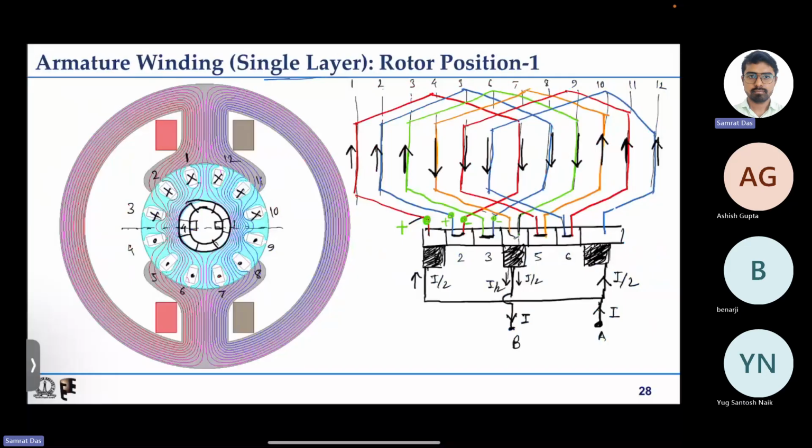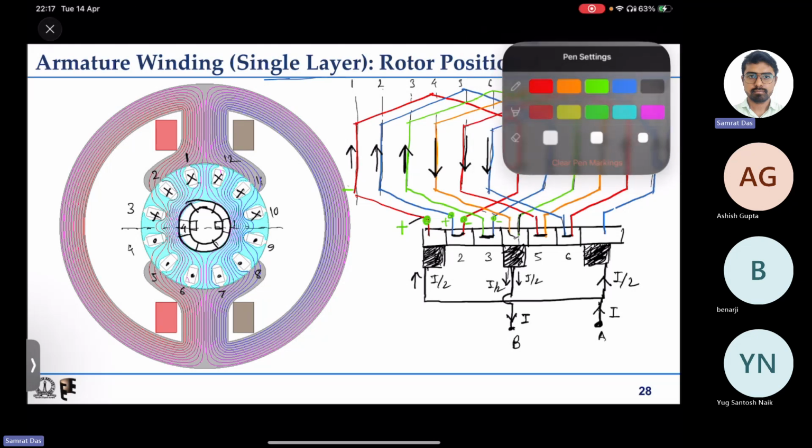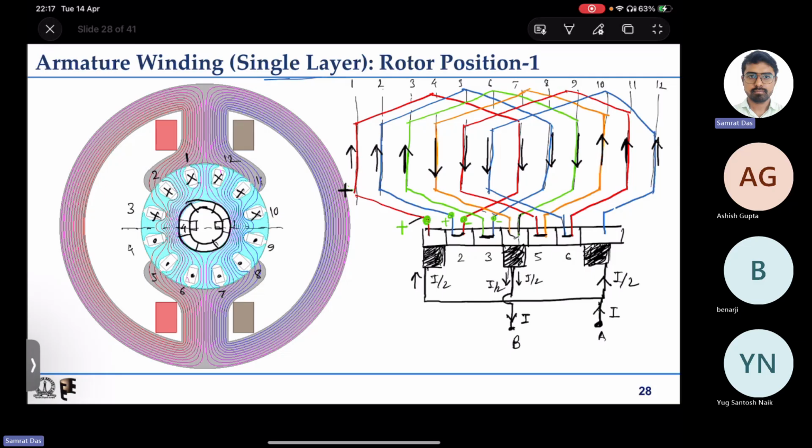So coil 5, where does it start? I think it is better to indicate the polarities here rather than at the bottom. There it will get complicated. So this is, say, for coil 1, the other terminal, this is like this.